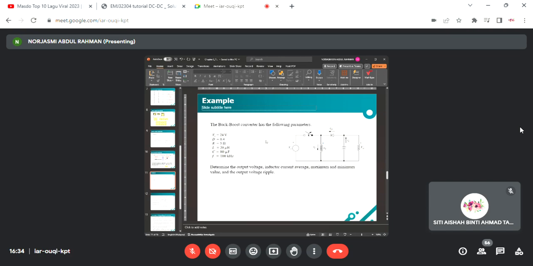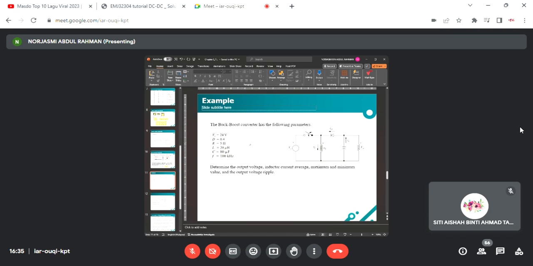Many times I see that you miscalculate or misput the value of the load resistor or the capacitor or the inductor, such that your calculation will be wrong. So in order to avoid confusion, just jot down all the parameters that are given first and find what parameter is being asked for you to find out.